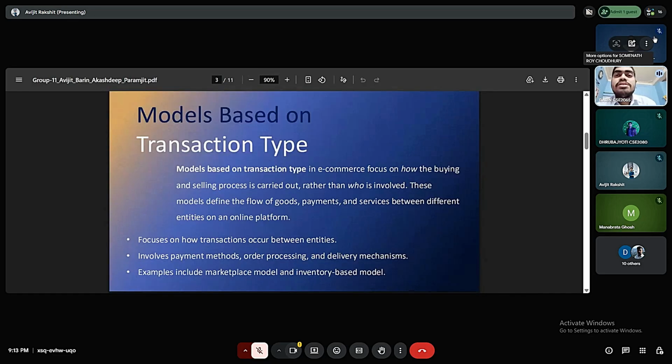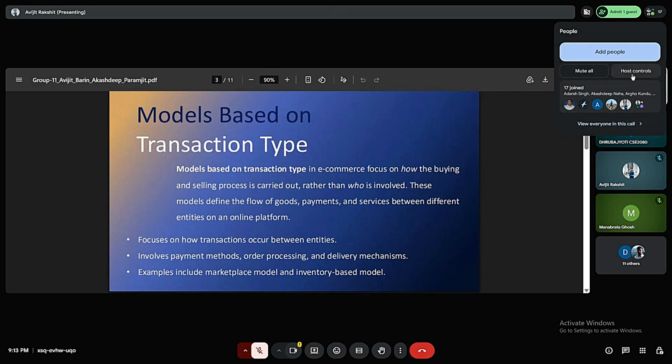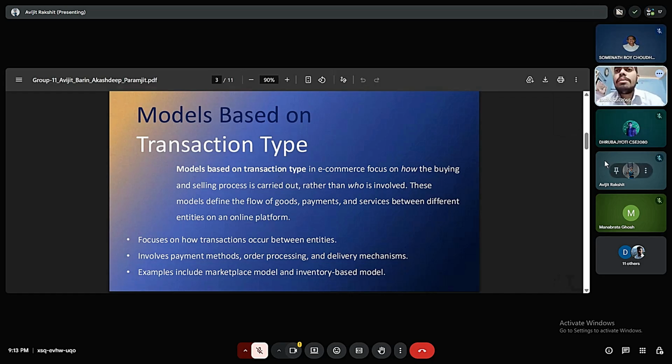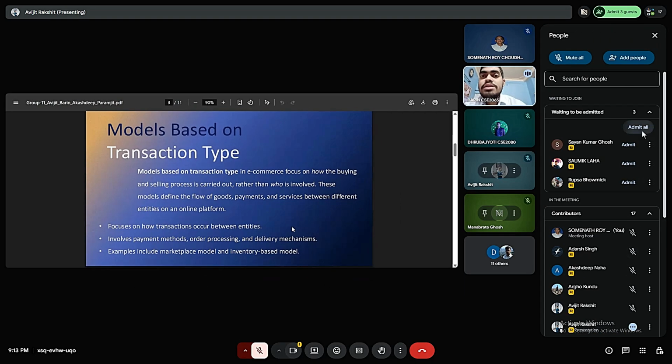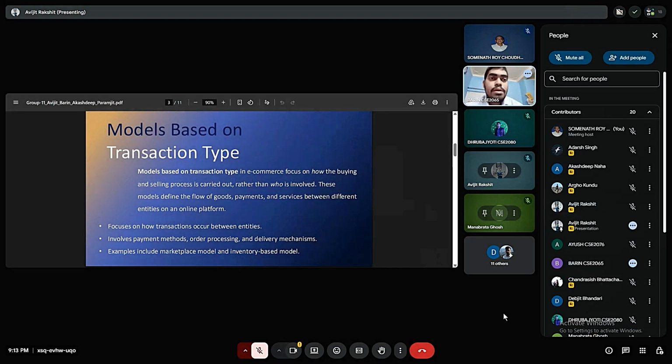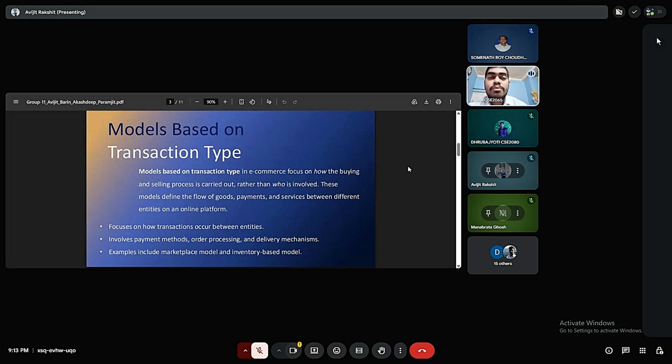The models based on transaction type. Models based on transaction type focus on how the buying and selling process is carried out rather than who is involved. Understanding these models helps in choosing the right approach.